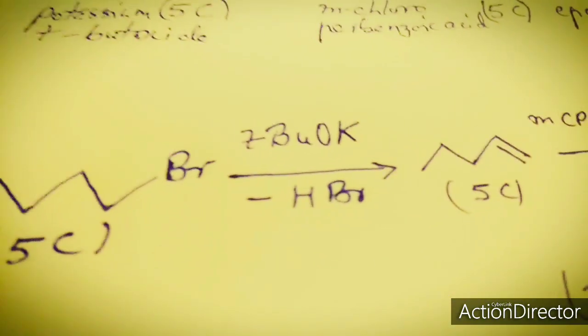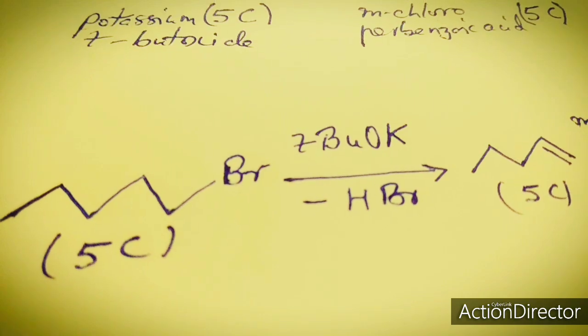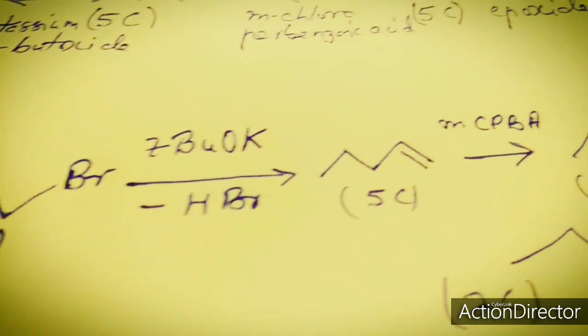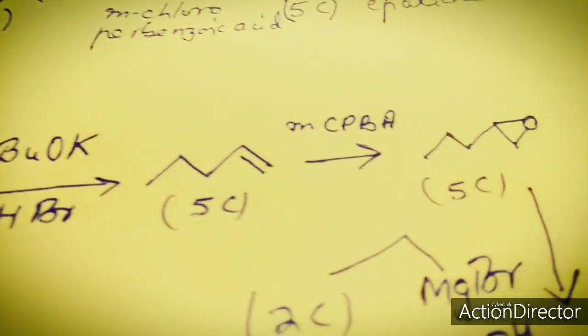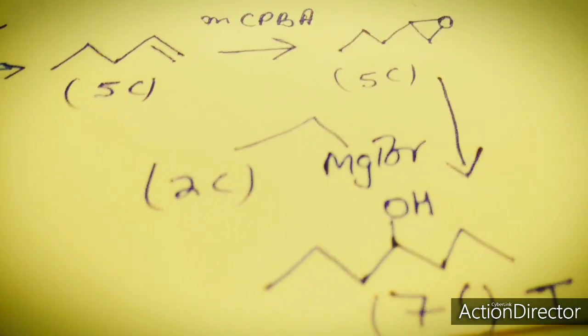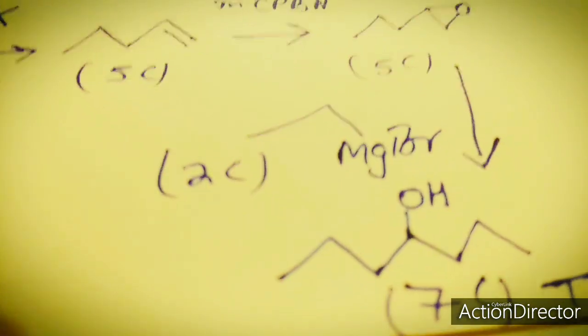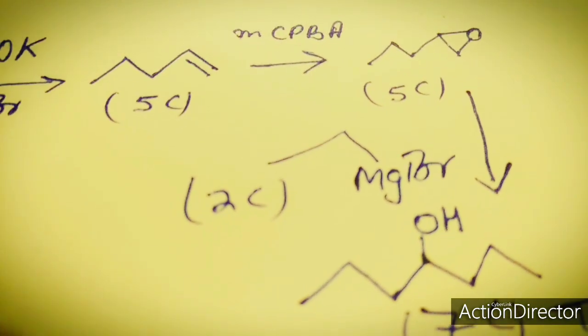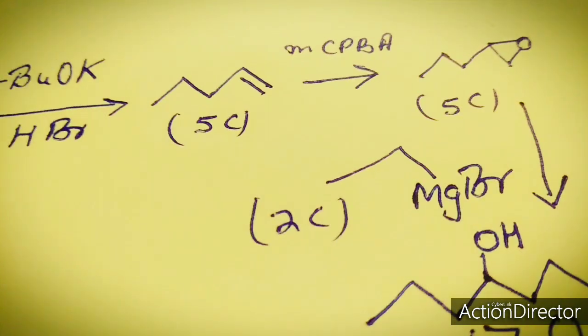This is how we synthesized it, starting from this simple starting reagent by means of this mechanism, and at the end we used our Grignard reagent so that we got the target molecule.